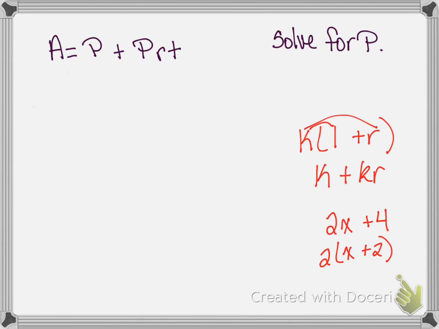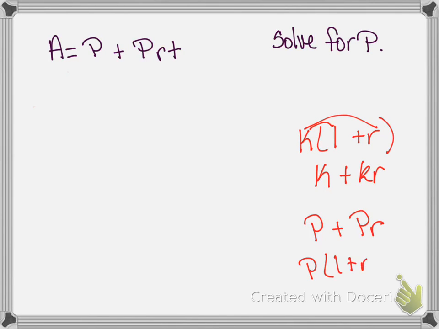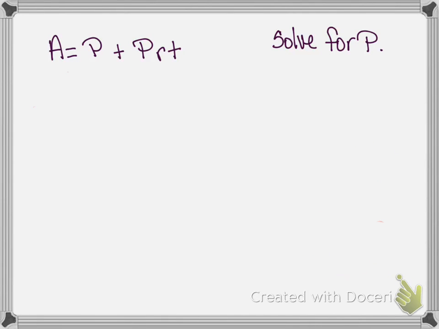Here, I factored out the 2. Now, let's say I have something like p plus PR. Can I factor out a p the same way I factored out a 2? Yes. So then I'm left with p times 1 plus r. So that's what I have to do up here, is I have to factor out a p.